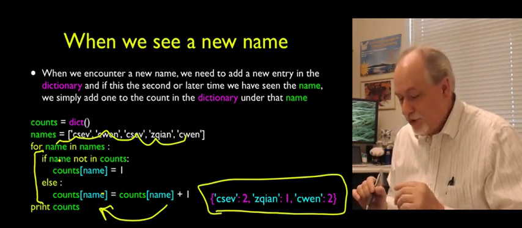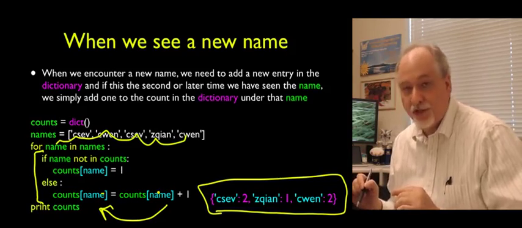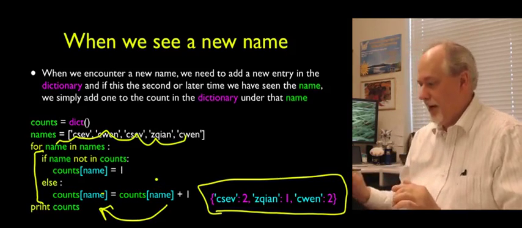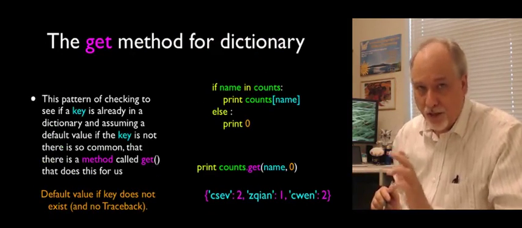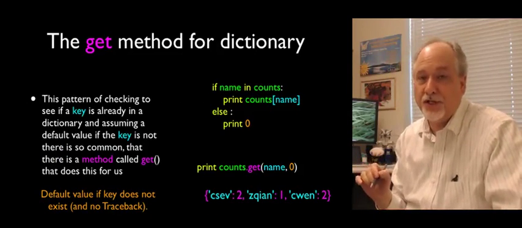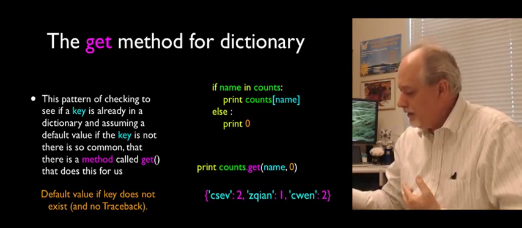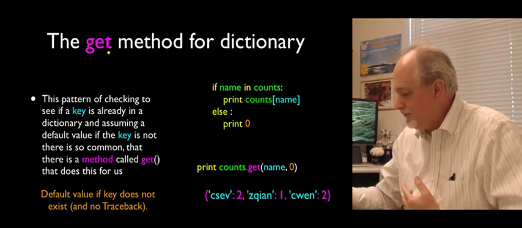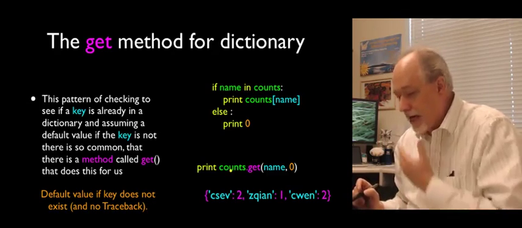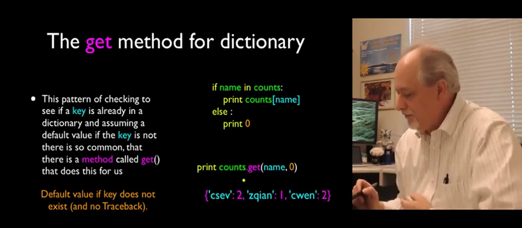So this pattern of checking to see if a key is in a dictionary, setting it to some number, or adding 1 to it is a really, really common pattern. It's so common, as a matter of fact, that there is a special thing built into dictionaries that does this for us. There is this method called get. counts is the name of a dictionary. get is a built-in capability of dictionaries.